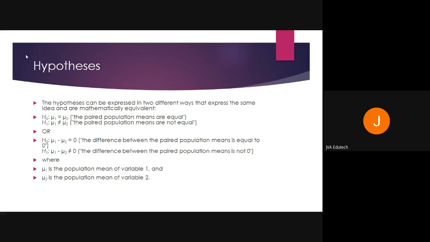The alternate hypothesis is that mu1 is not equal to mu2, meaning a significant difference exists. Or you can write it as mu1 minus mu2 is equal to 0, and mu1 minus mu2 is not equal to 0, where mu1 is the population mean of variable 1 or situation 1 and mu2 is the population mean of variable 2 or situation 2.